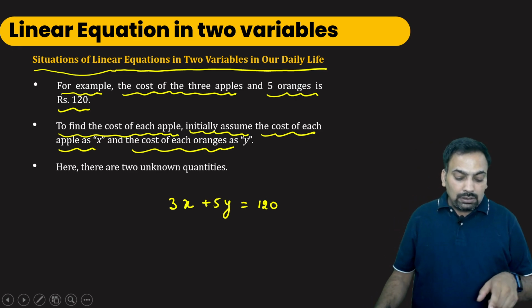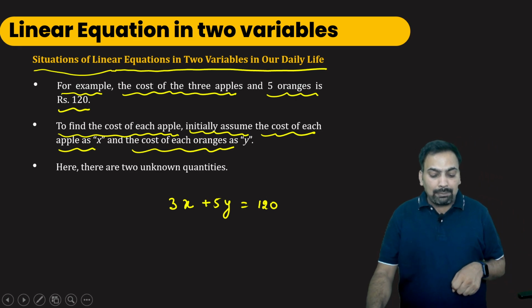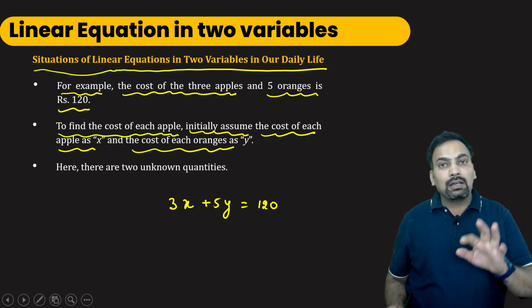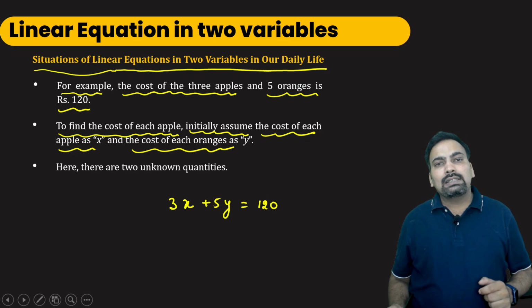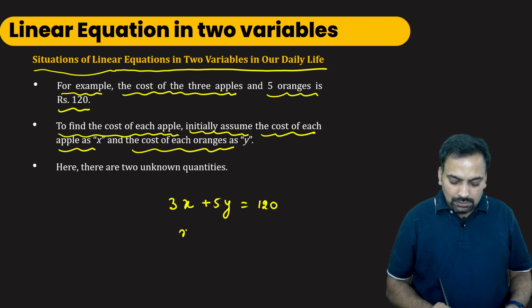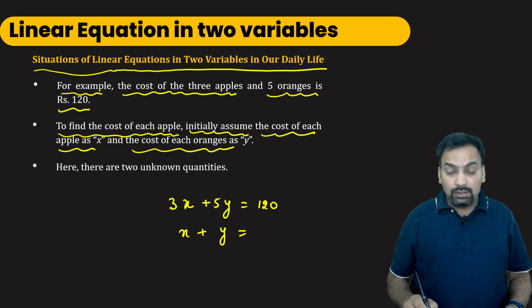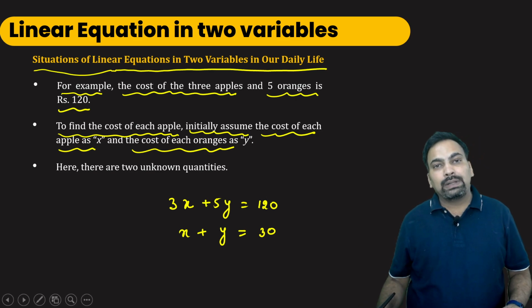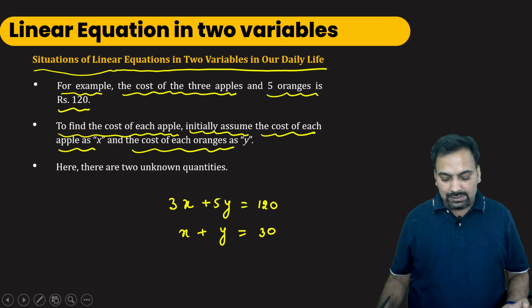And to find the cost of each apple, you assume one apple costs x and one orange costs y. You consider the cost of each apple and each orange together is rupees 30.